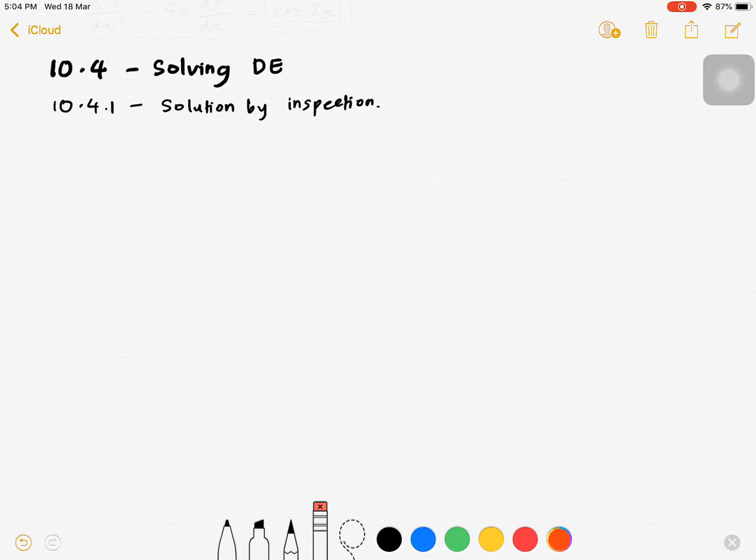And when there is something at the right hand side, whether it is an expression including the independent variable or a constant, that means it is a non-homogeneous linear differential equation. Okay, so that's all I want to recap.